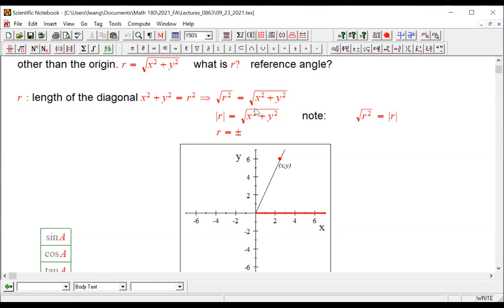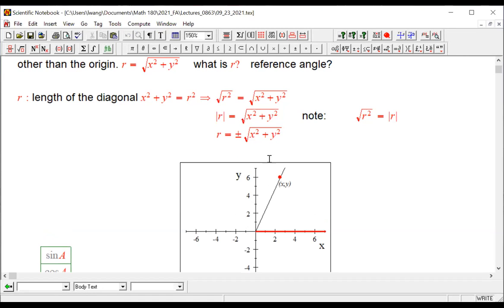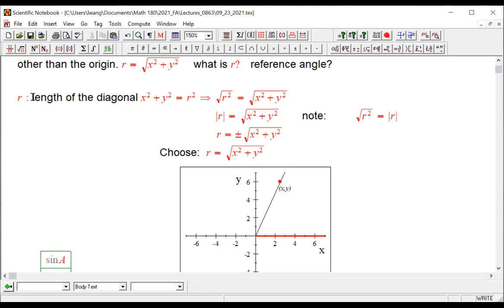One is positive and the other one is negative. The negative one is not fitting to be a length, so we choose the positive one. We choose r equals the positive one because this is a description of the length of the diagonal.